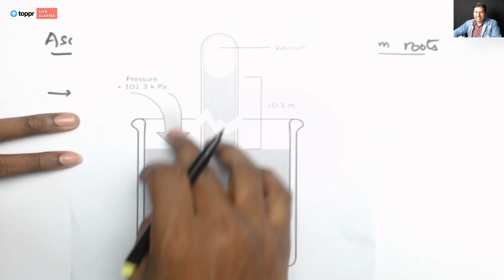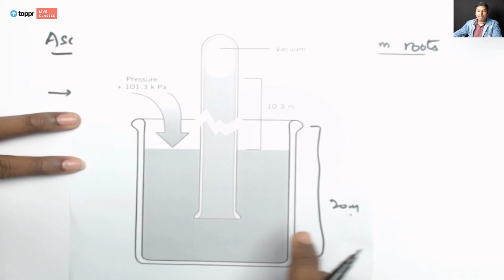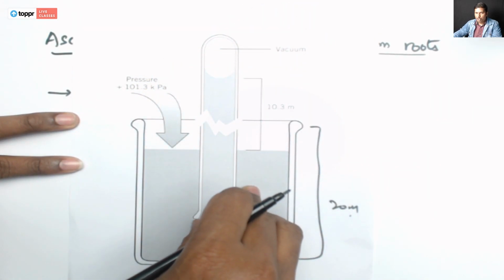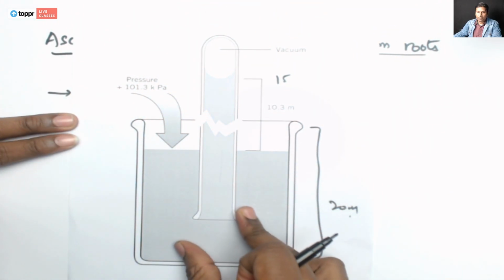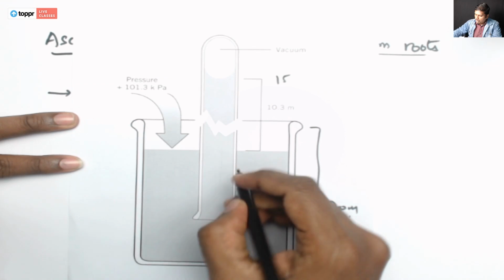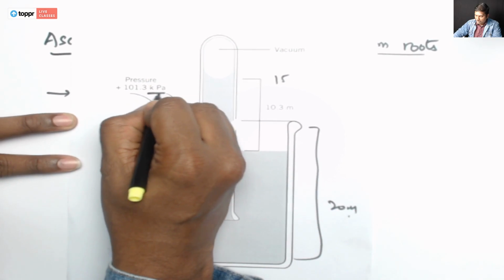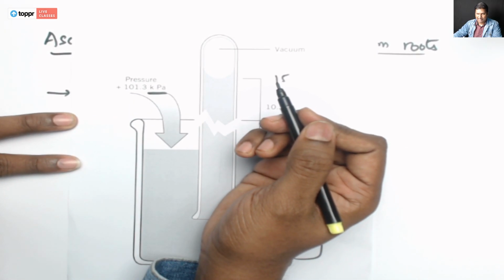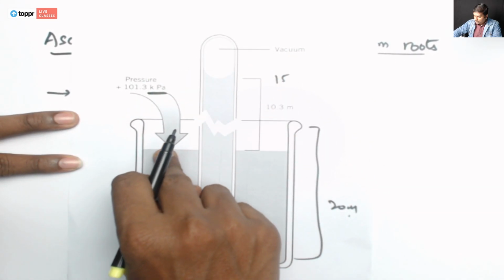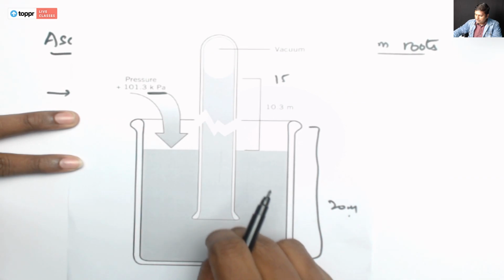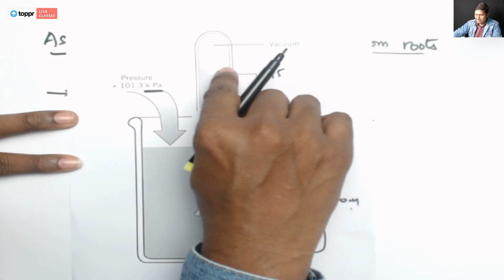If you can create a very big beaker, let's say 20 meters tall, and a very big tube, let's say 15 meters tall, and put this tube into this beaker, because your atmosphere has some pressure, the atmospheric pressure is 101.3 kilopascal, which is one atmospheric pressure, 1 bar. So the water, because of this atmospheric pressure, will start to move up. Not just atmospheric pressure, there are other factors we'll discuss in a minute.